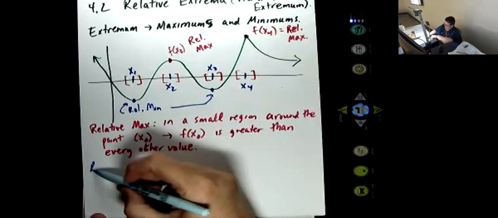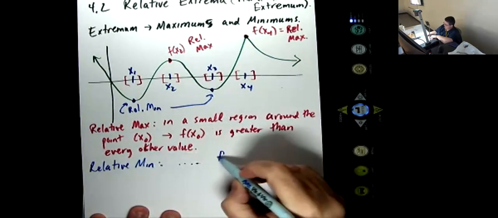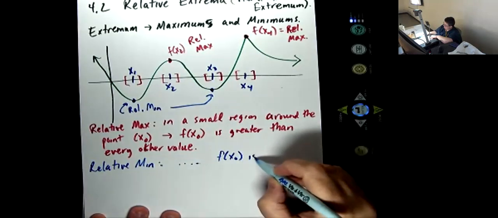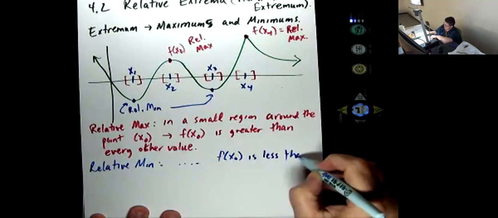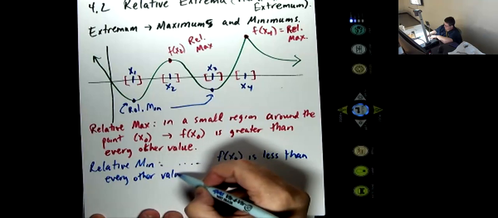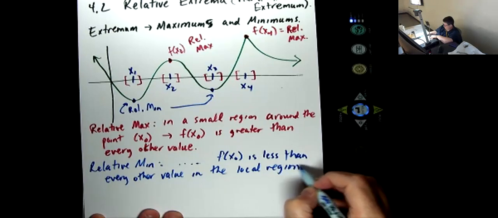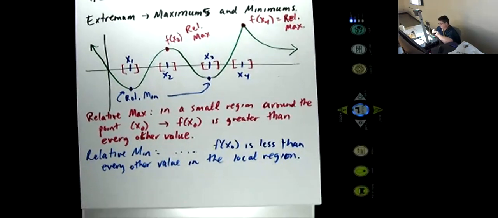So relative min says the same stuff: f of x naught is less than every other value in the local region. And together, these are called relative extrema.